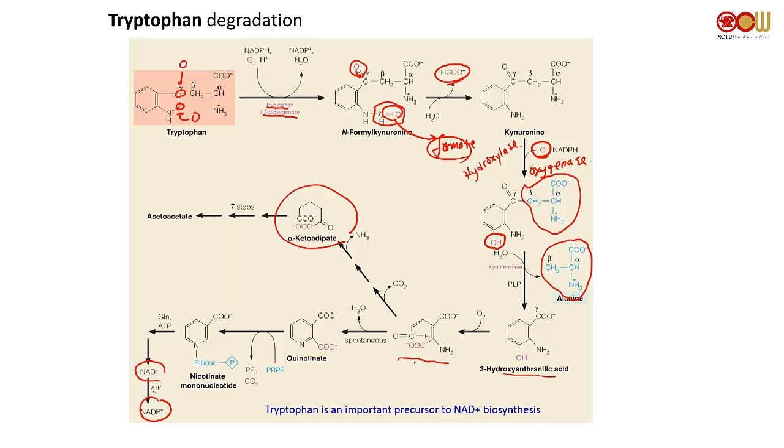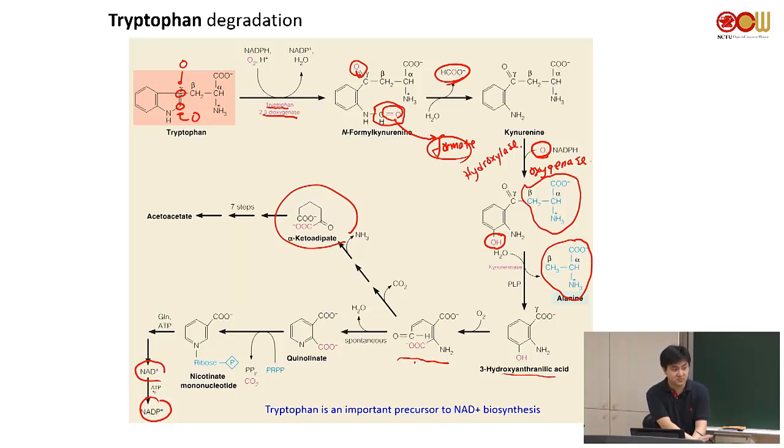Okay? So turns out tryptophan is an important precursor to NAD biosynthesis. Okay? But again, this slide, you don't have to remember the chemical structures. Okay? Just understand what is an oxygenase. All right? Now, for tryptophan degradation, what you should understand is that you see in the entire pathway, it uses many oxygen as your co-reactants.